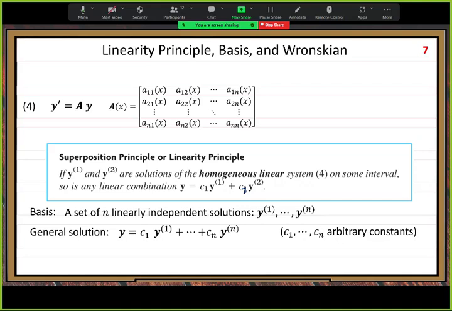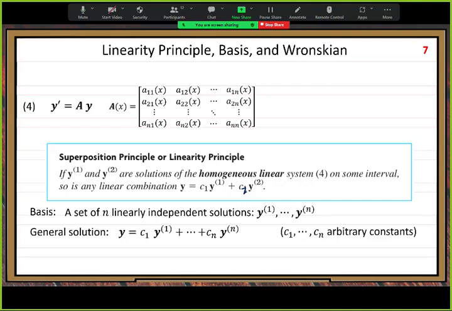That's the meaning from the linearity principle. You can only do a linear combination using constants. Using functions, it's not a linear combination. When you use non-constant functions, you change the property and do not preserve the original property. You add new properties, and that's not allowed.